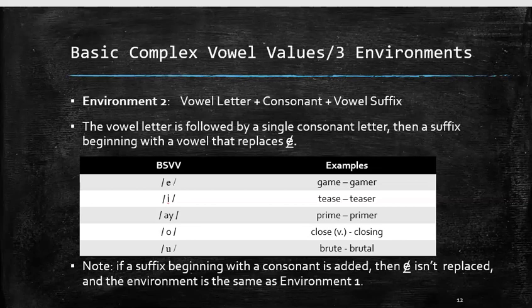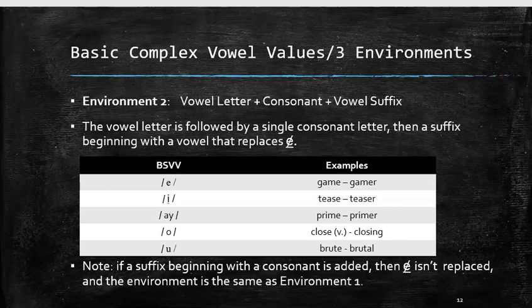From game to gamer. Notice the sound of that vowel does not change. Tease to teaser. Prime, primer. Close, closing. Brute, brutal. So in each of these cases, a suffix beginning with a vowel is added, then the silent E is replaced. In some cases, the silent E isn't replaced, and the environment is the same as environment number 1.